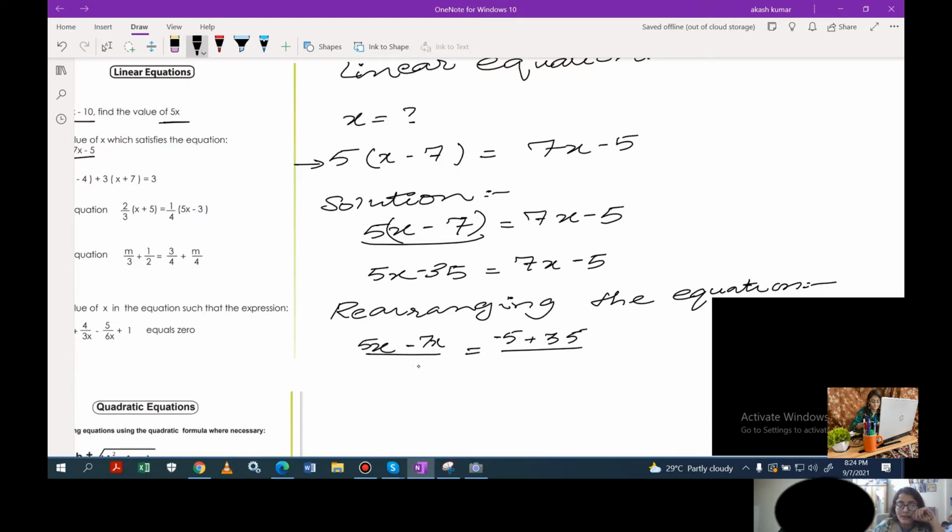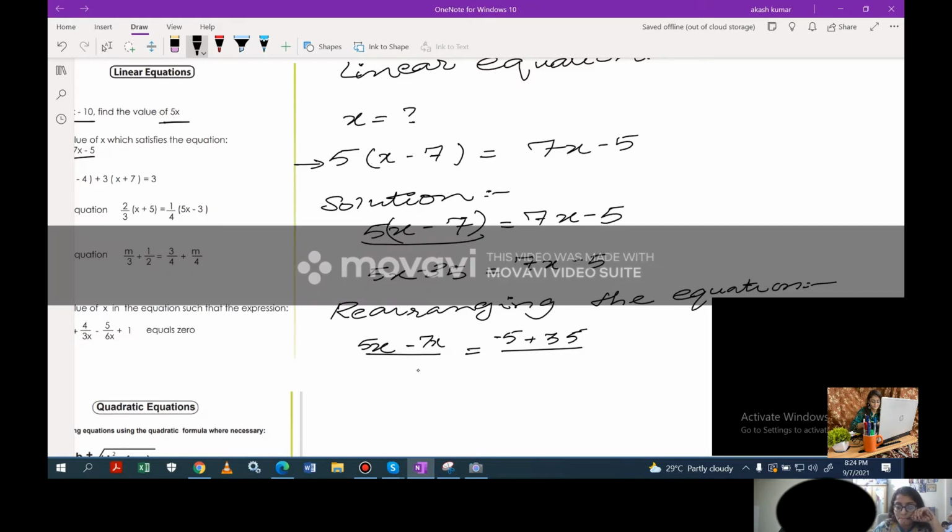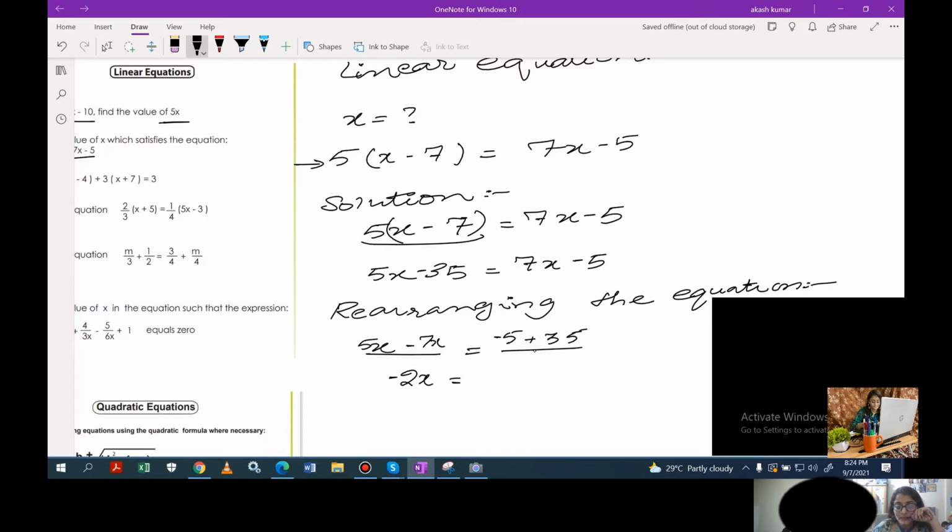So 5x minus 7x is negative 2x. And minus 5 plus 35 will be plus 30.